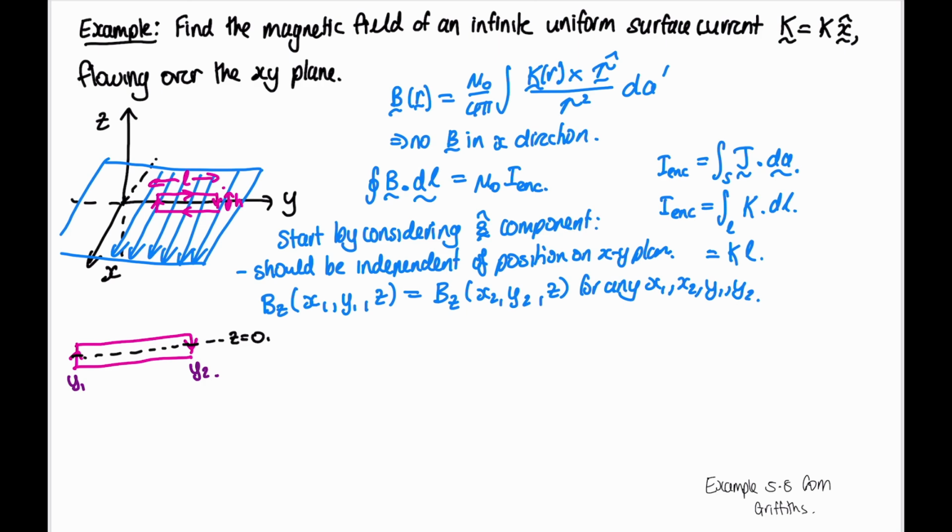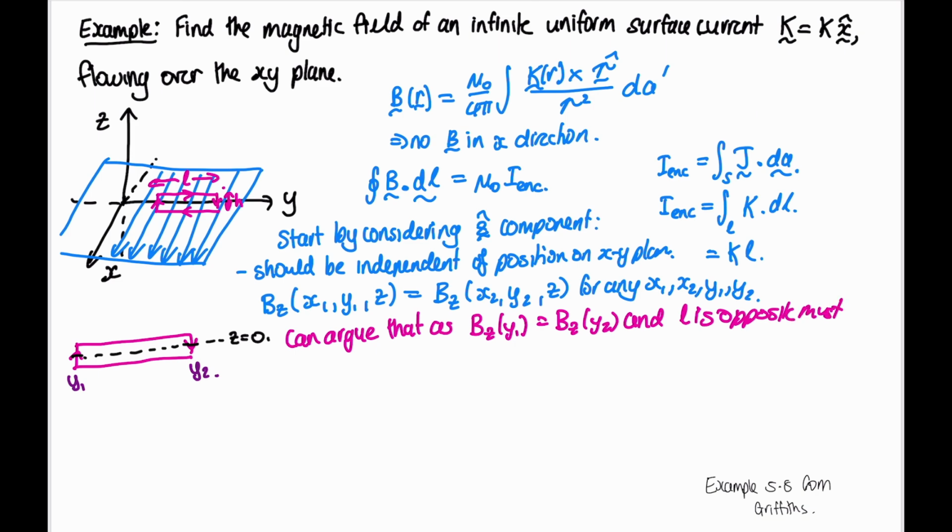So we can argue that as Bz of y1 is equal to Bz of y2, and dL is opposite, they must cancel. So that's one way that we can see that we don't need to consider the z components in this here, the dl, because they cancel out.